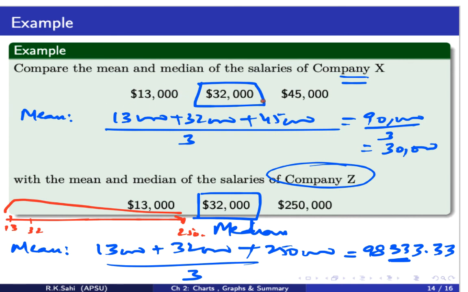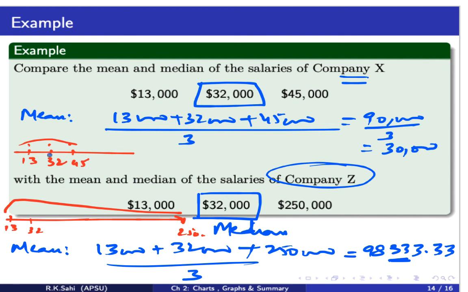On the other hand, when I look at the numbers 13, 32, and 45 in a dot plot and draw a nice little curve, I don't see any pulling on either side of the tail, left or right. Notice this is the median.